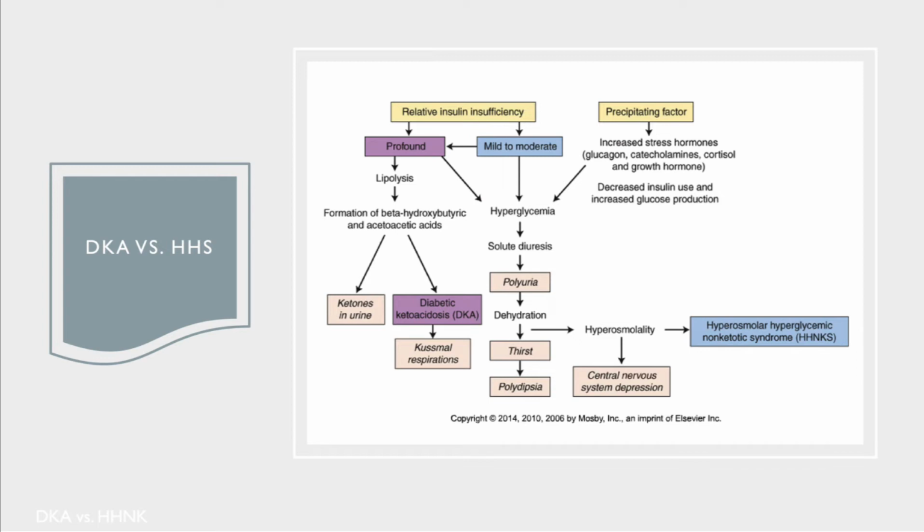Then they develop ketones in the urine because they're using anaerobic metabolism methods. And that leads to this diabetic ketoacidosis.